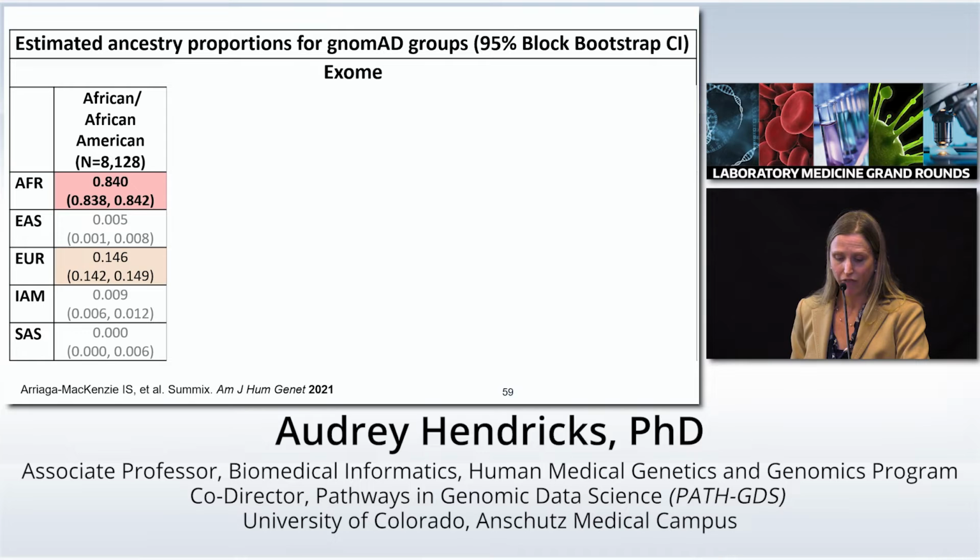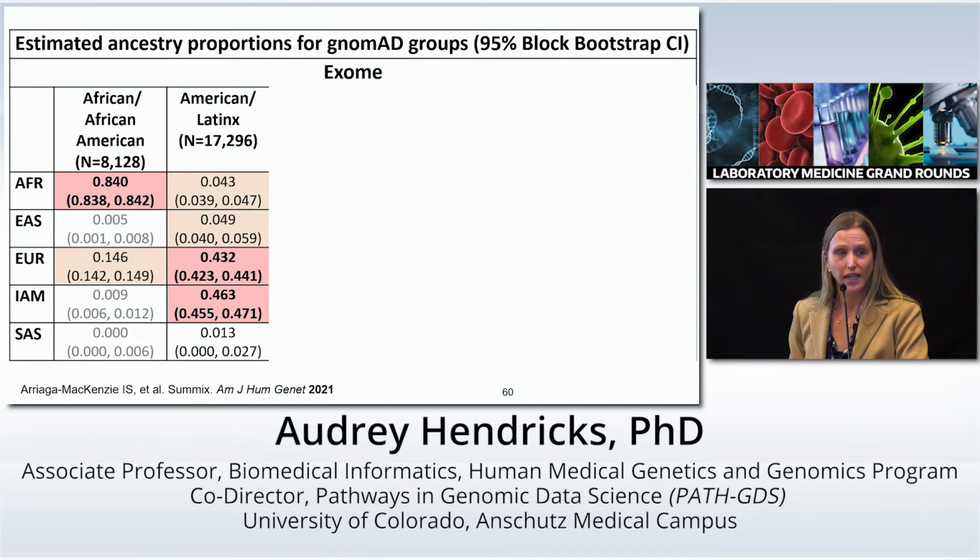Well, if we look in the African-American Nomad group, we see about 84% ancestry from the African and a little over 14% from European. If we look at American Latinx, we see a large proportion of ancestry from European and Indigenous American and a moderate proportion from African and East Asian.